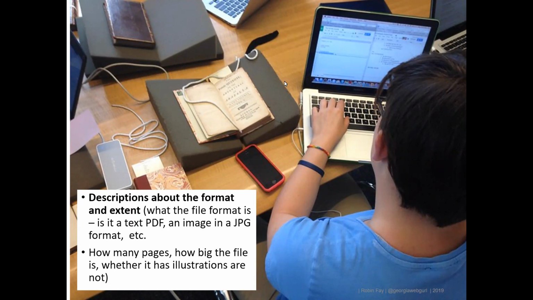We also describe what the file format is. Now, you may think, why do we care what the size of a book is? Well, if you're shelving something and you have a book that's 35 centimeters and your shelving is only 32 centimeters tall, then you're going to have to figure out how to handle those.